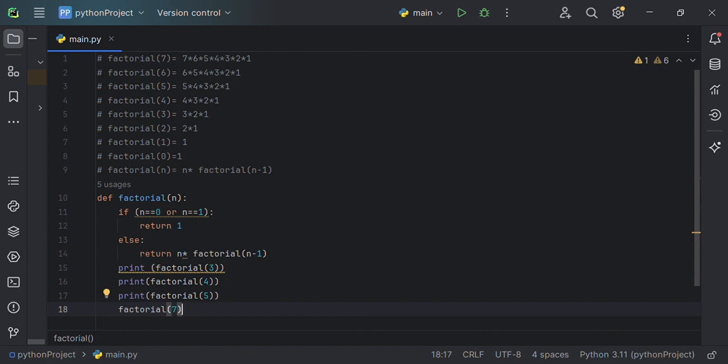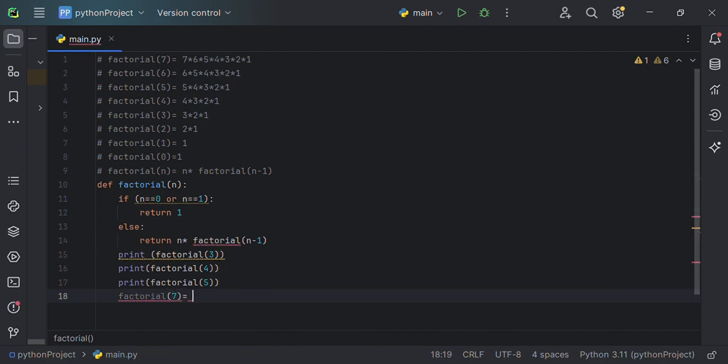It means that to find the factorial of 7, we need to find the factorial of 6 also, n minus 1. So we say 7 multiplied by factorial of 6.